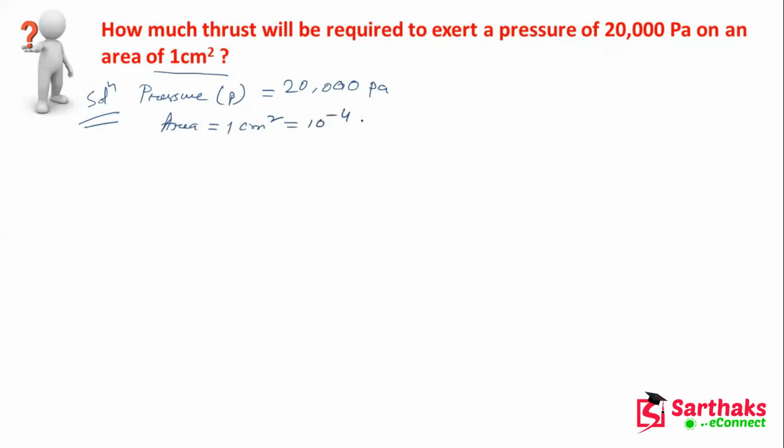Let it be converted into meter. So force is 20,000 times 10 to the power minus 4, that is 2 Newton. Okay. So this much thrust will be required to exert.